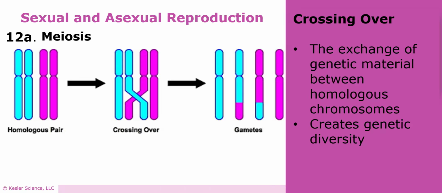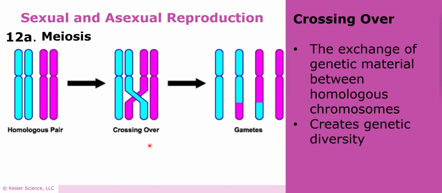Well, in meiosis 1, those homologous pairs are sitting beside each other. And what sometimes happens is these are called chromatids. Each little stripe here is called a chromatid. Sometimes these chromatids will cross over.